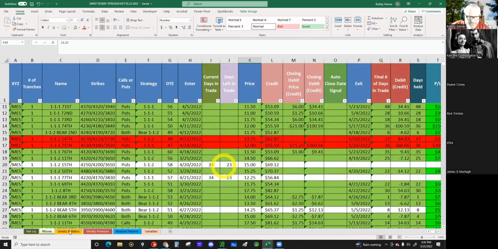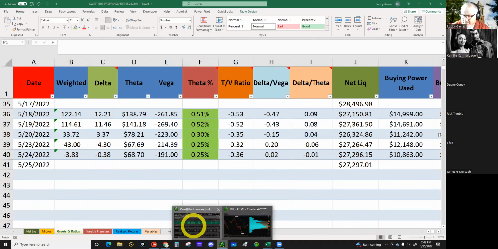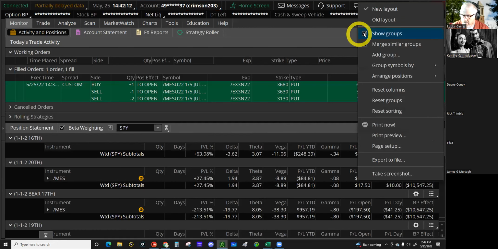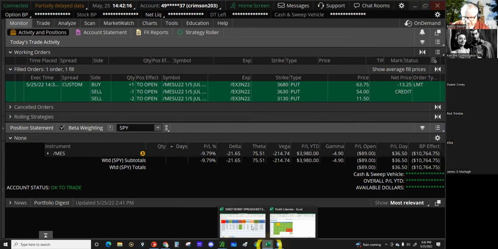First of all, let me look at our Greeks and ratios over here. So our Greeks in this account are negative 2165.